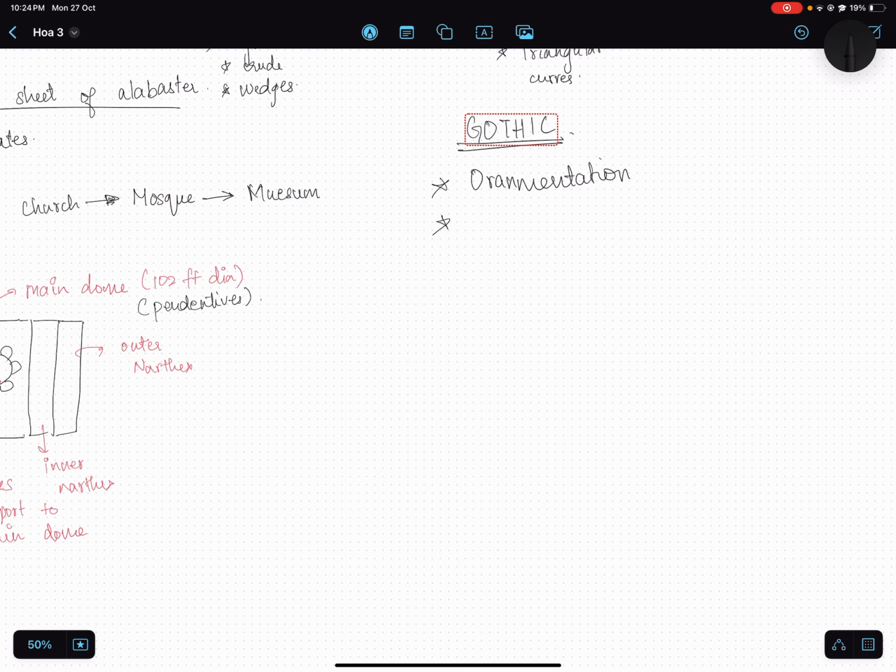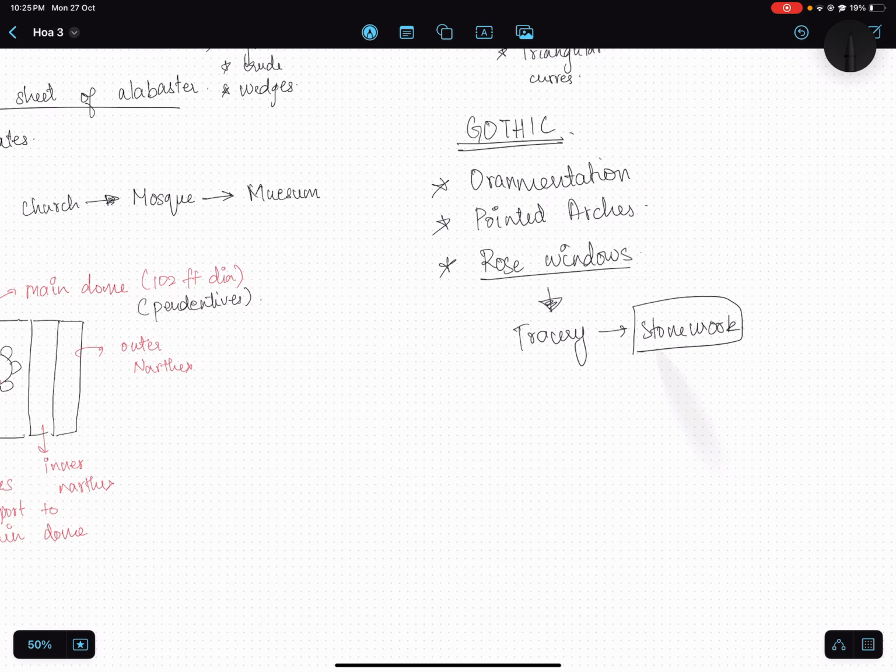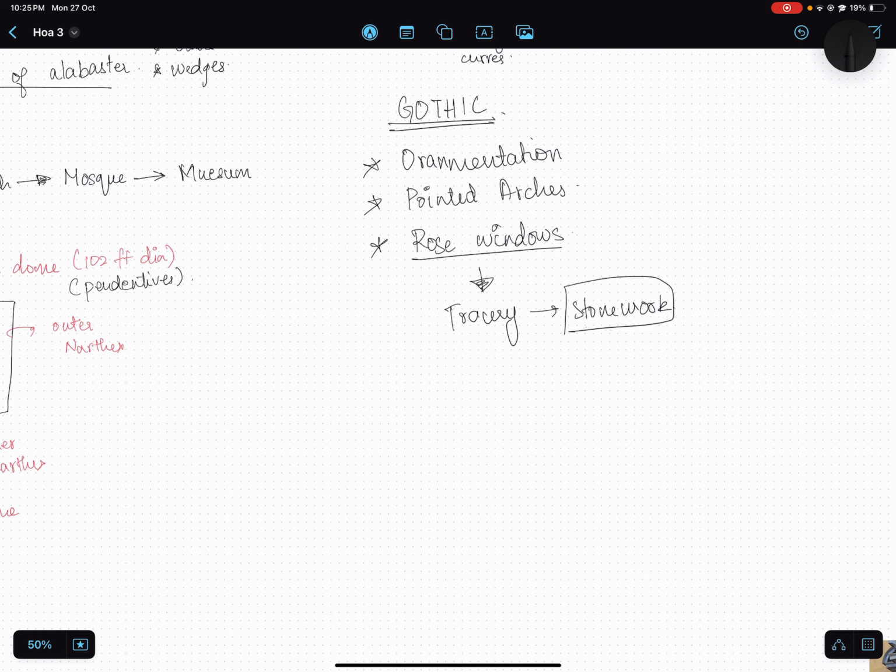They had a lot of pointed arches, and they had rose windows. Now in rose windows, they used a technique called tracery, and this is nothing but stonework or woodwork to form geometric patterns on which the stained glass is placed. So that's how you get your rose windows.